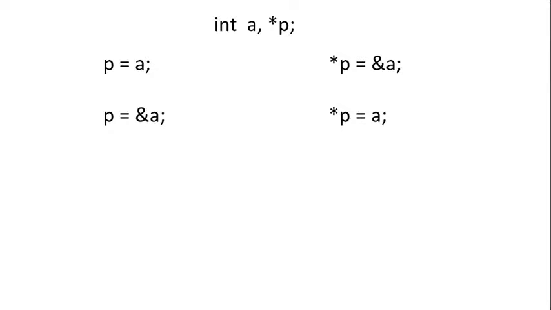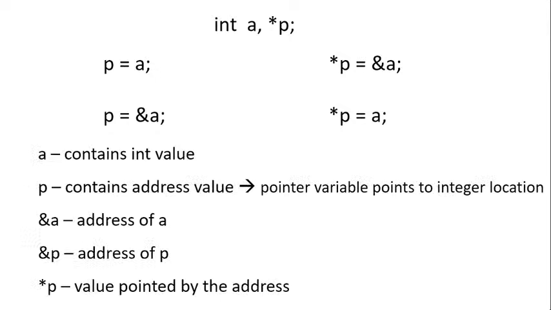So what is the difference in all these four statements? A will contain the integer value, P contains the address value or the pointer variable pointing to the integer location, right?